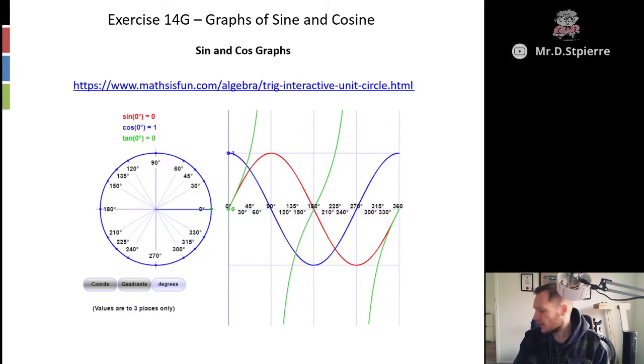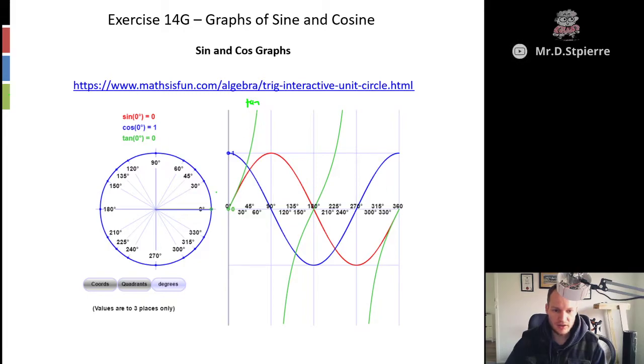There is a link there to an interactive applet online that allows you to see, as you change the angle theta, what happens to the respective cosine, sine and tangent values, and you can actually see on the right that in green, in this case, that's your tangent graph.